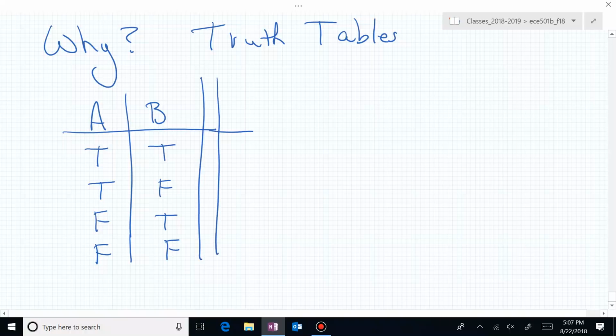Now the next column in the table is going to be the conditional A implies B. So here it is: if A, then B. This is our conditional.